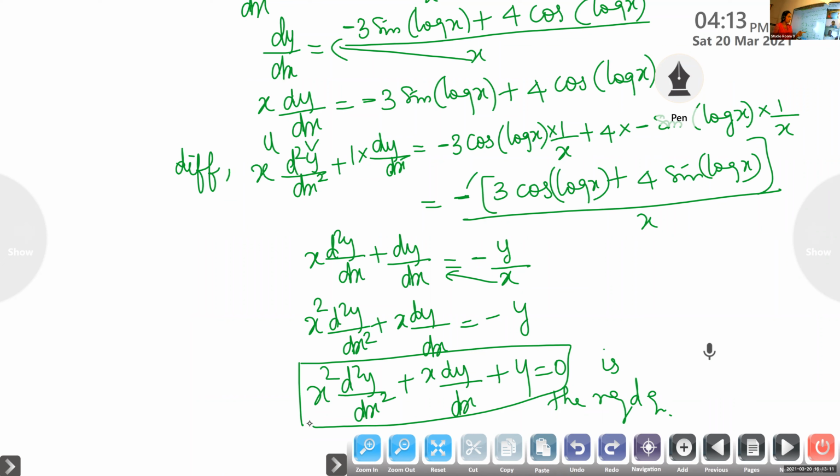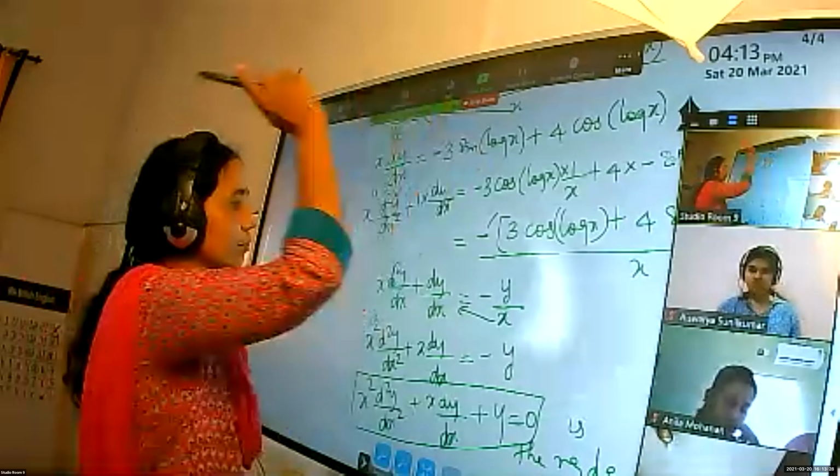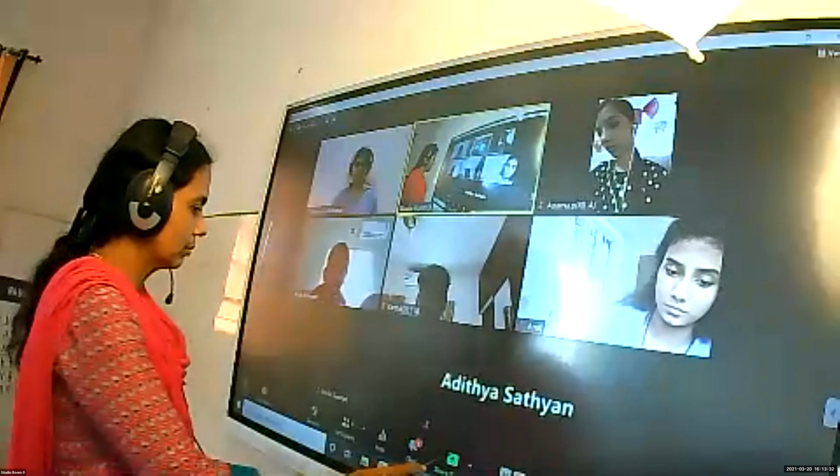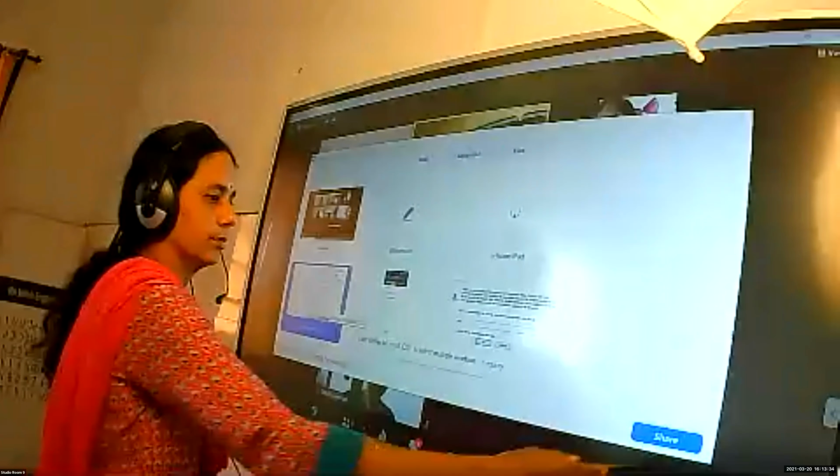Instead of using the quotient rule, we cross multiply it and make it a product rule. We are cross multiplying and using the product rule, and we are using the function of function rule. Is it okay? You all copied that one?